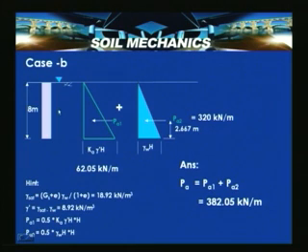As it rises from the bottom, it induces instability to the wall if it is not designed or not drained properly. So the net pressure is now 382.0, about 3 to 4 times increase in the lateral active thrust on the wall with a rising water table. So the effect of the groundwater surface on the active thrust can be noted here.